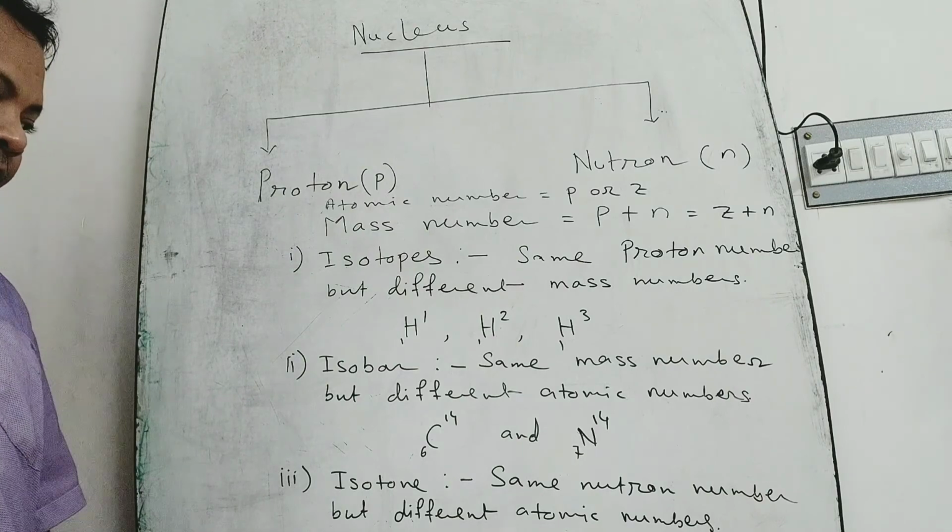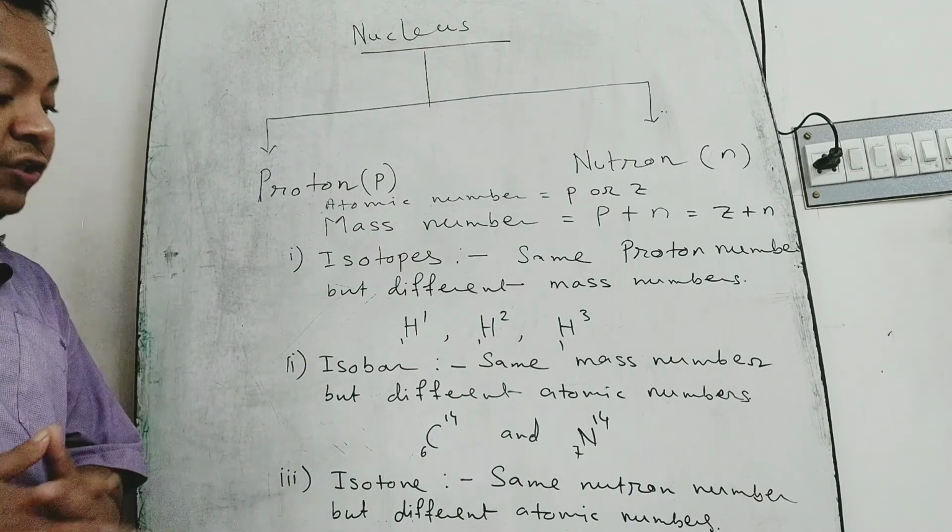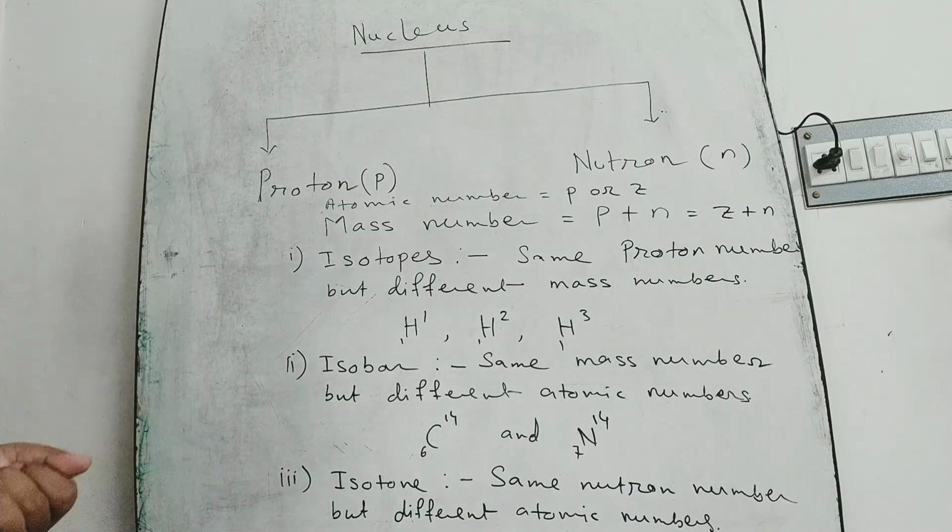Next, isotone. When two atoms have the same neutron number but different atomic number and different mass number, then they are known as isotones.